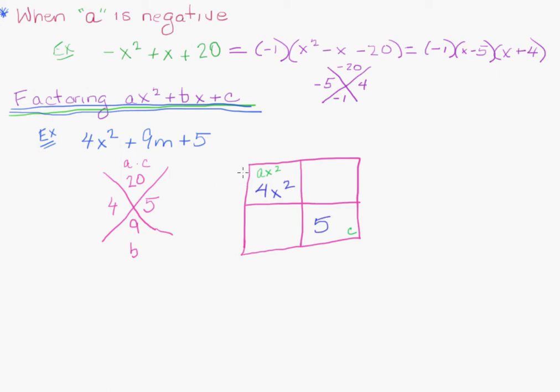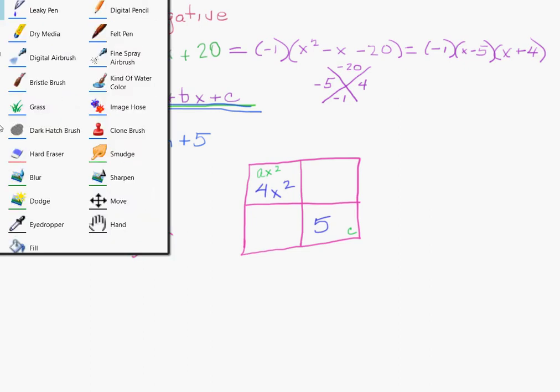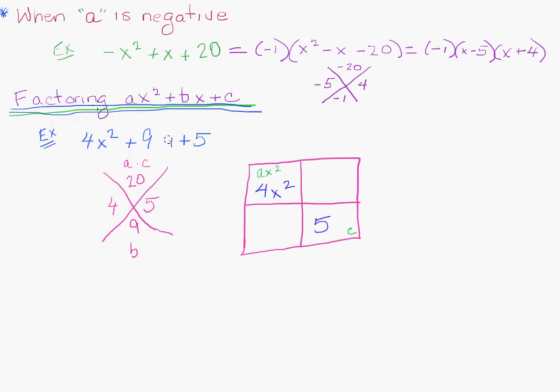Now, what I'm going to put in these two diagonal boxes are the 4 and the 5, but they're going, oh, I used two letters here. I'm sorry, 4x and 9x squared. Let me erase that and fix it. That's an x.